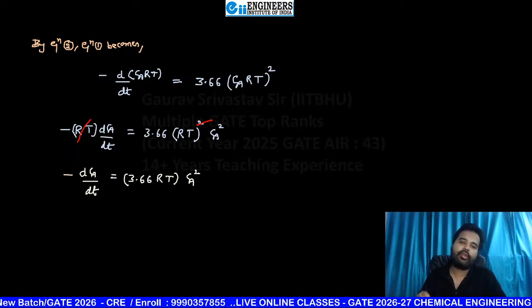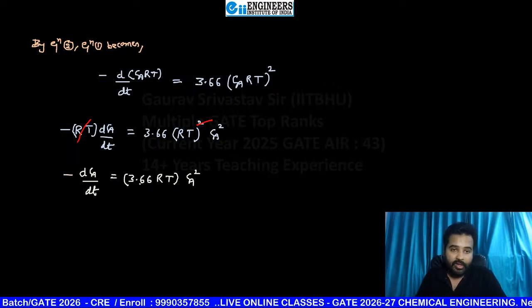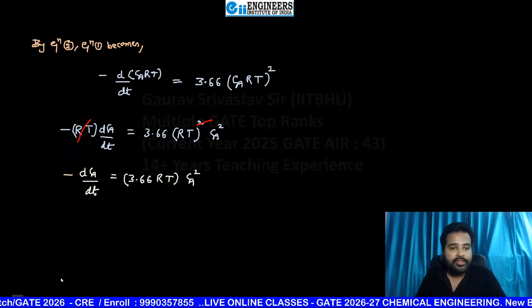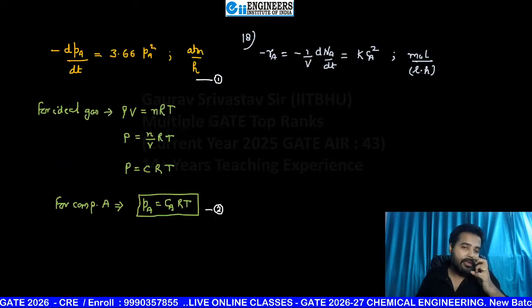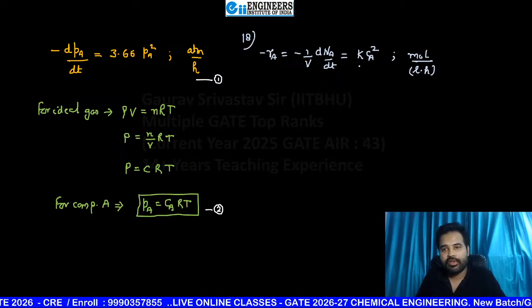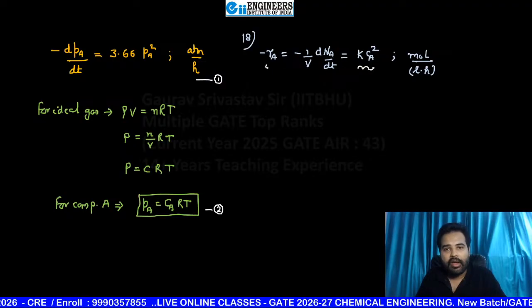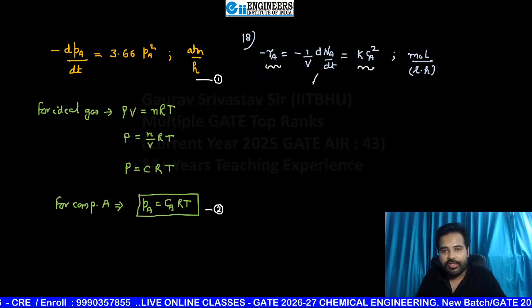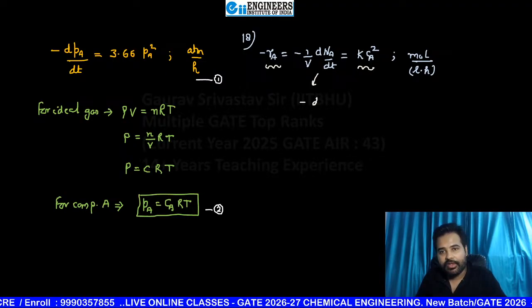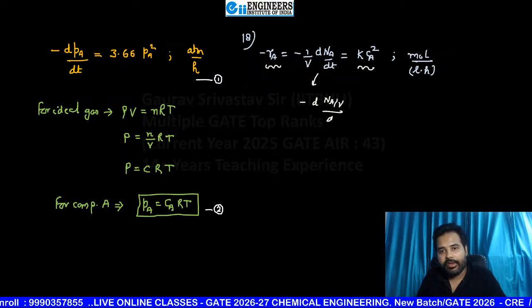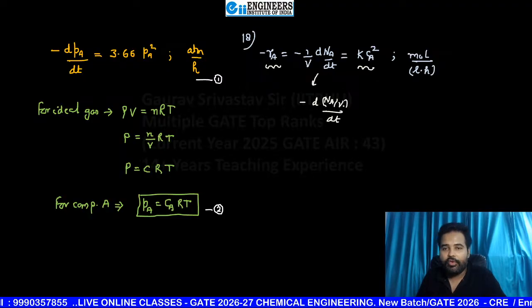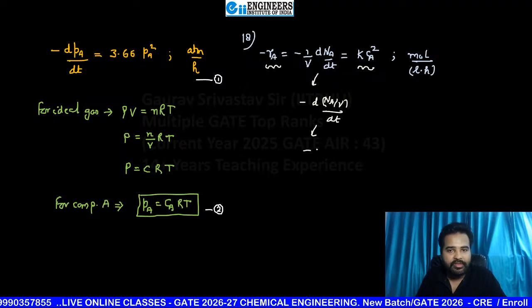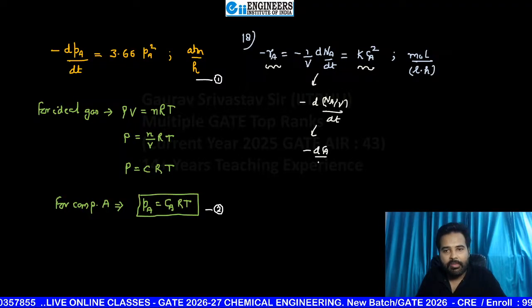Now the first step of conversion is completed. Now clearly you can compare this equation with this equation. See, kCA square, and what is this? This is minus d Na by V by dt, moles per unit volume, my dear students. Further you can write it as minus dCA by dt.